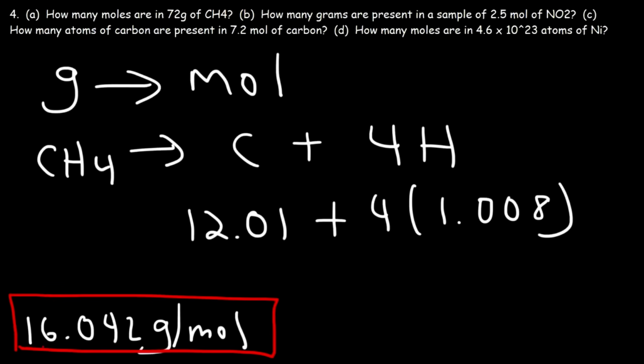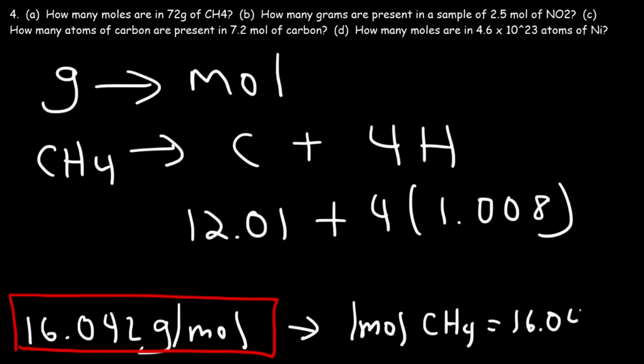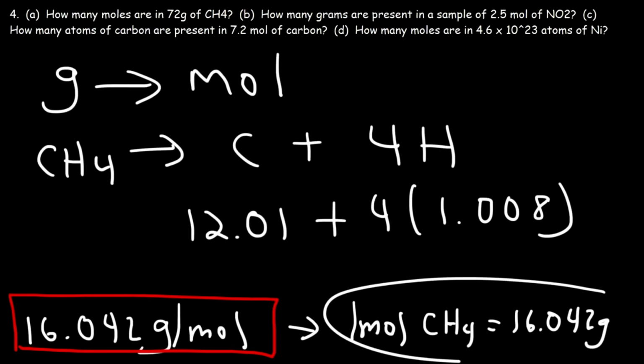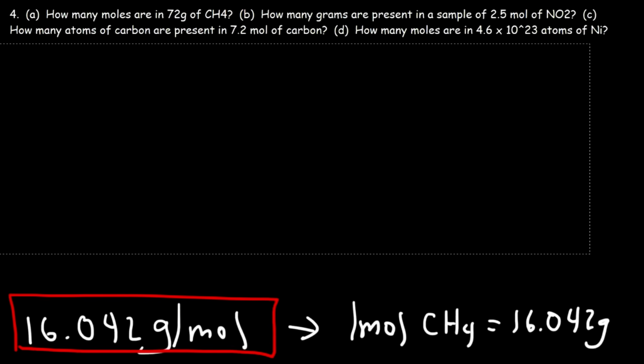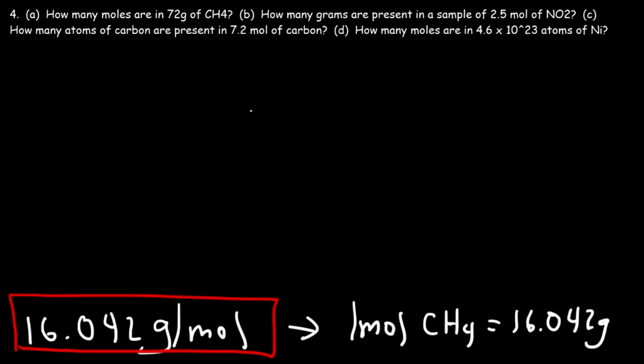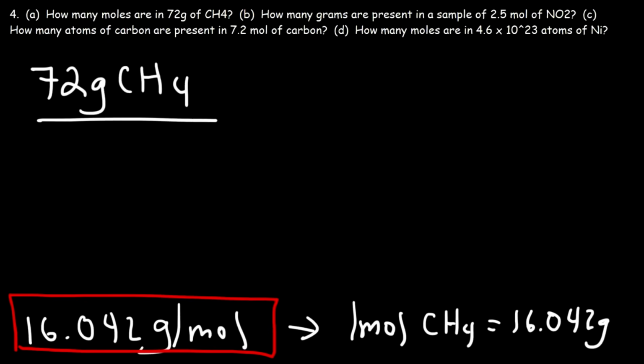Now what we need to do is take this information and convert it into a conversion factor. What this means is that 1 mole of methane has a mass of 16.042 grams. So this is our conversion factor. Now we're going to start with the information that we're given, and that is 72 grams of methane.